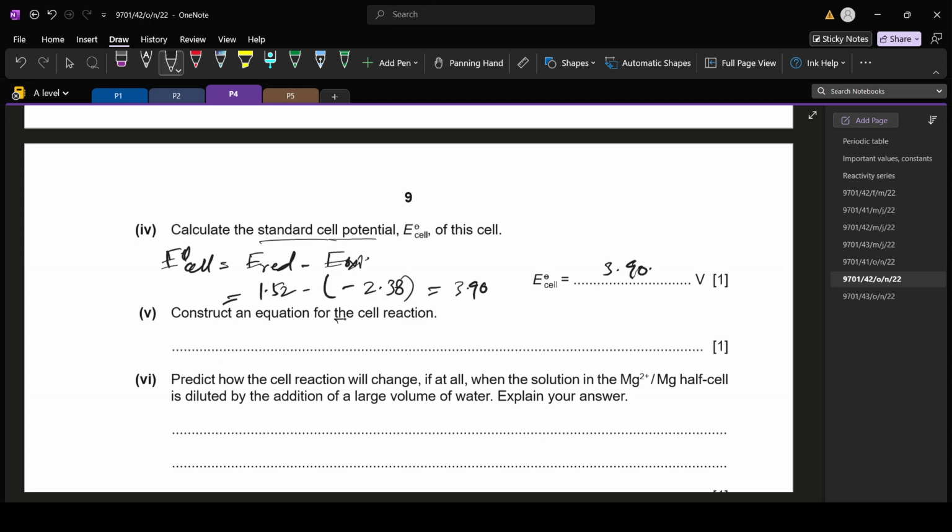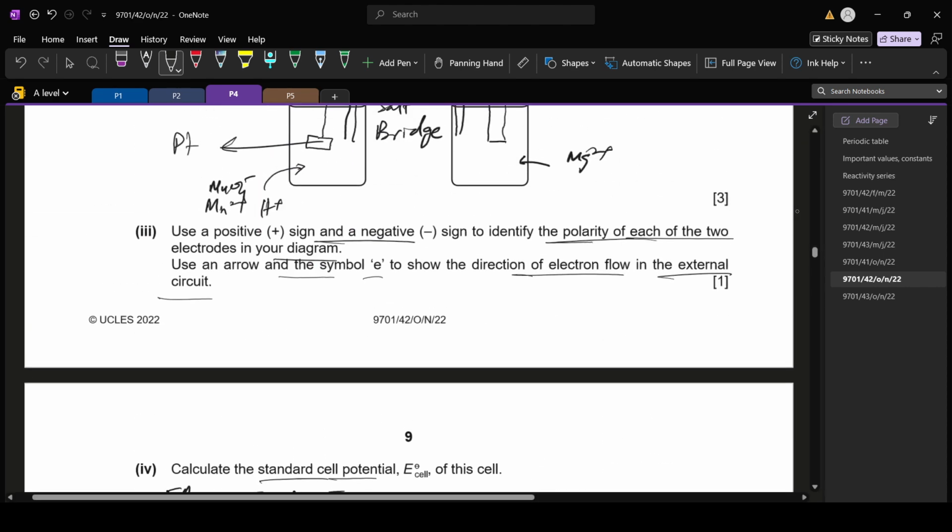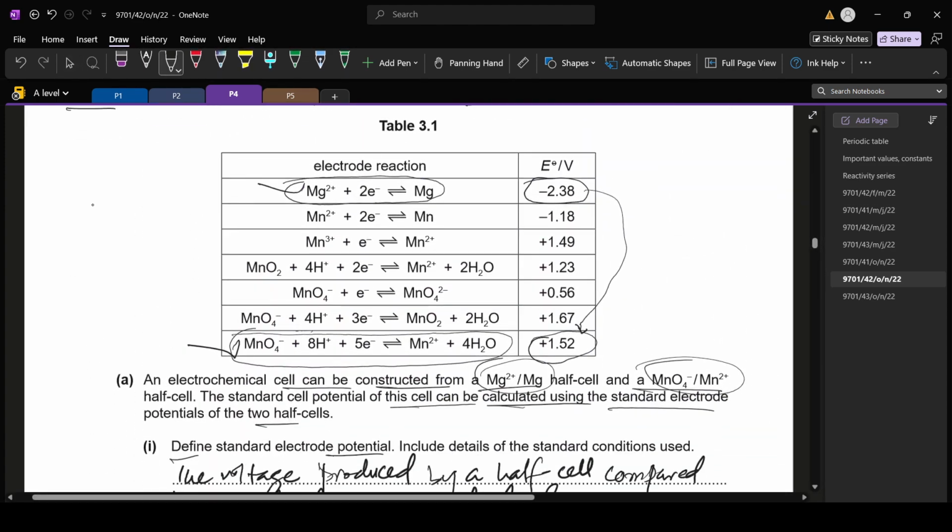Now construct an equation for this reaction. Let's first write these equations. Magnesium is the one which is oxidized, so we will flip this equation, because these values are in reduction potential.